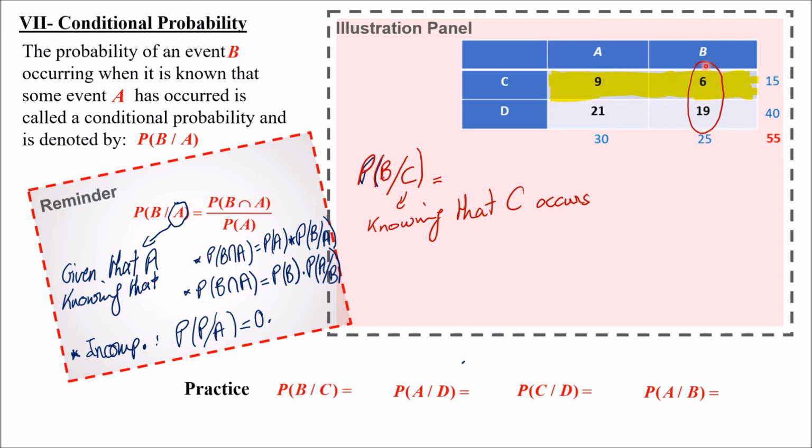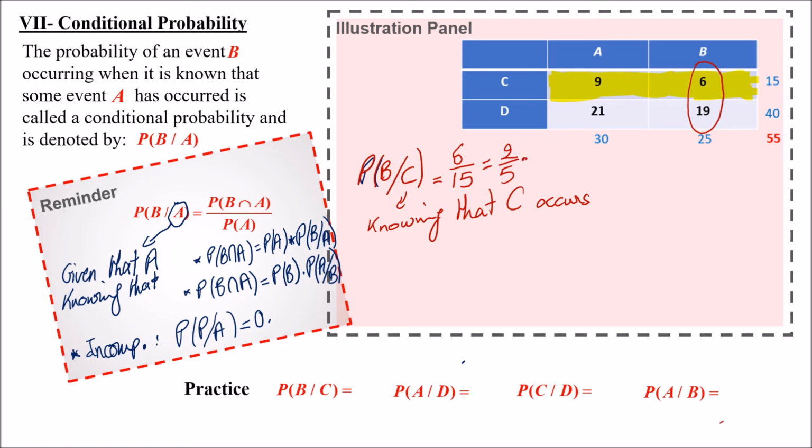Here in B we have 6, because this is the intersection. Out of what are we taking this 6? Out of the total of 15, because we are neglecting all the others. Therefore, the probability of B knowing that C is equal to 6 over 15, which gives 2 over 5.